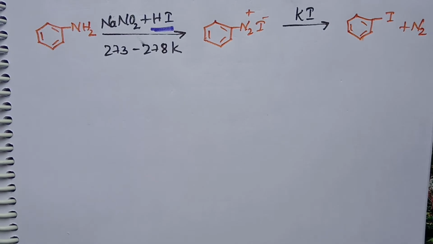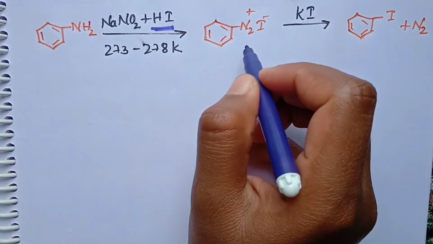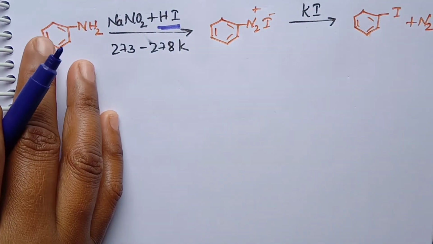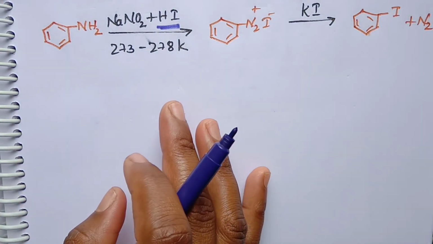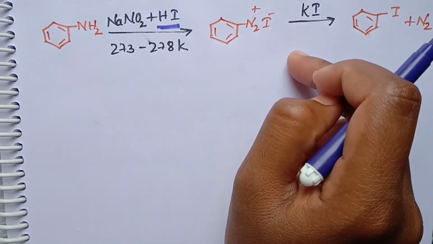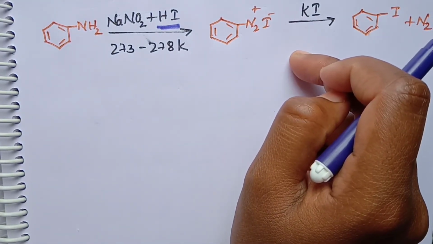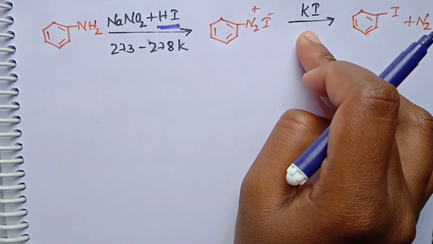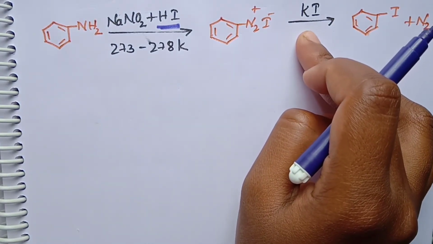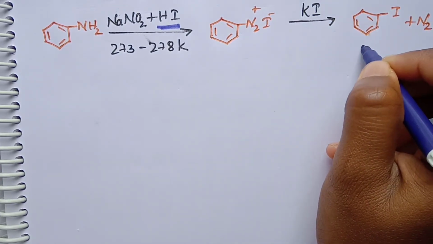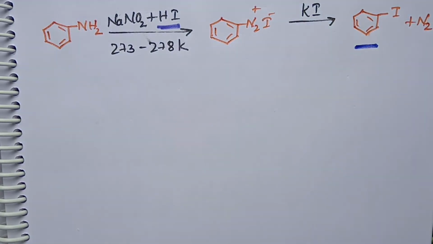But in the case of iodine, it does not require the presence of cuprous halide, that is, cuprous chloride or cuprous bromide. It is directly shaken with potassium iodide.